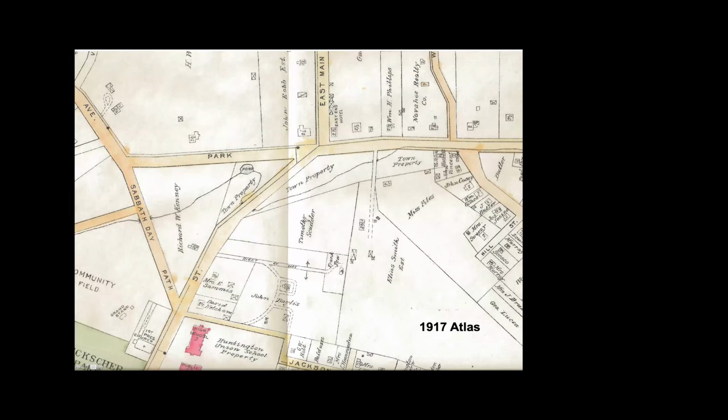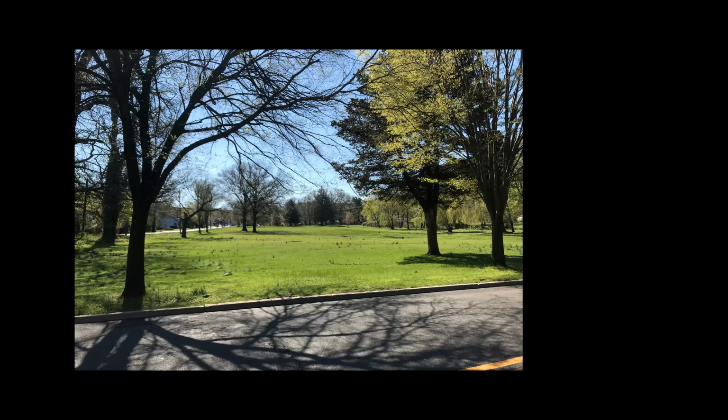This is that same map again. And here's that open field, which is technically known as the North Meadow, looking from Sabbath Day Path south towards Main Street. Kringle had some financial difficulties by the time of the Depression, and he lost this property in a foreclosure action.